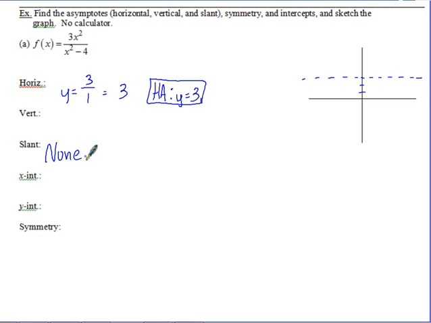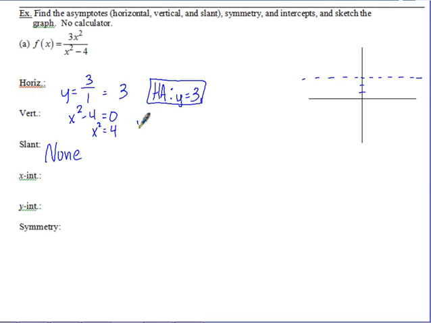Okay? For a vertical asymptote, what do I do? Set the denominator to 0. So I'll have x squared minus 4 equals 0. Solve. So what do I do? Tell me what to do. Add 4. Square root it.